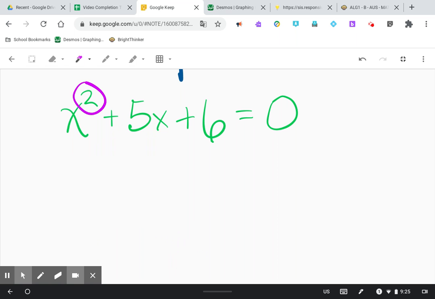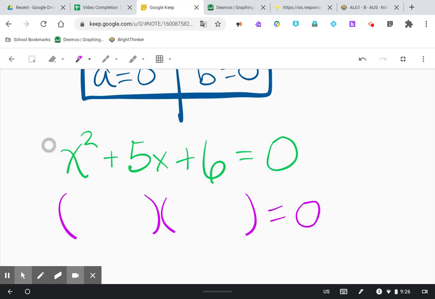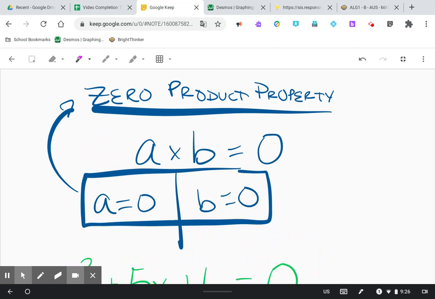The reason we can't do this is because we have this x squared. So we need some other way. The way we're going to do it is to transform this into a multiplication problem, because if we have a multiplication problem like we see here, then I can apply the zero product property to find the two solutions.